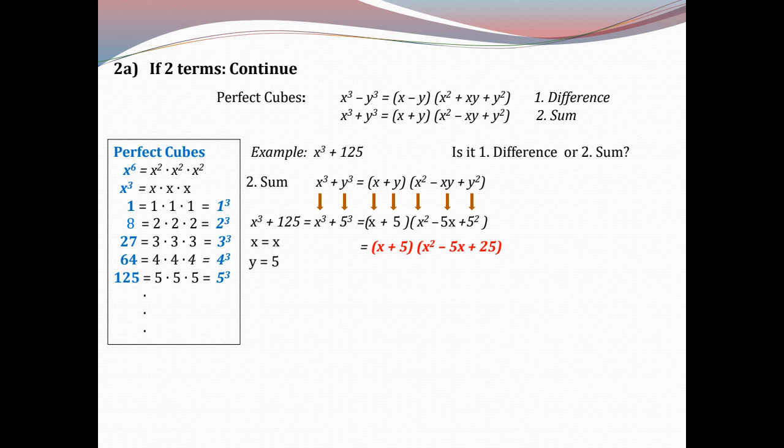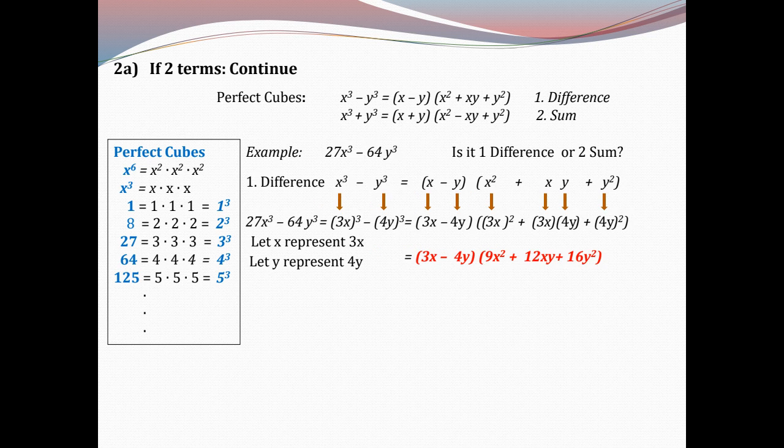Again, we need to know this pattern in order for us to be able to represent it. So for instance, in this one here, let's say that we have 27x cubed minus 64y cubed. We want to put it in a pattern where we have perfect cubes.